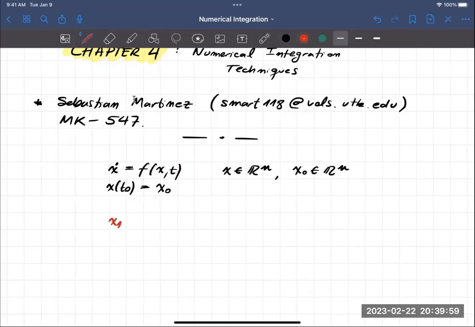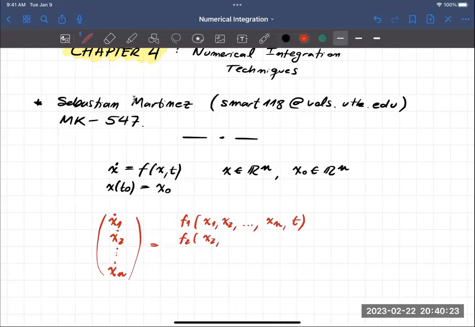It's going to be a vector equation in this fashion. Each function is going to be dependent on many state variables, not necessarily all of them. The same for the other functions.